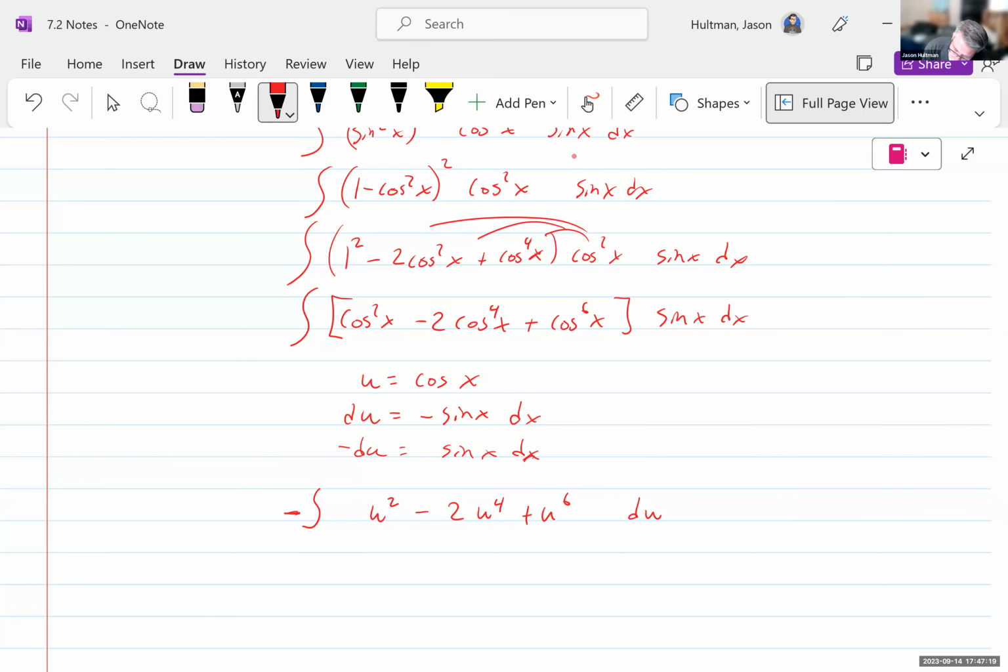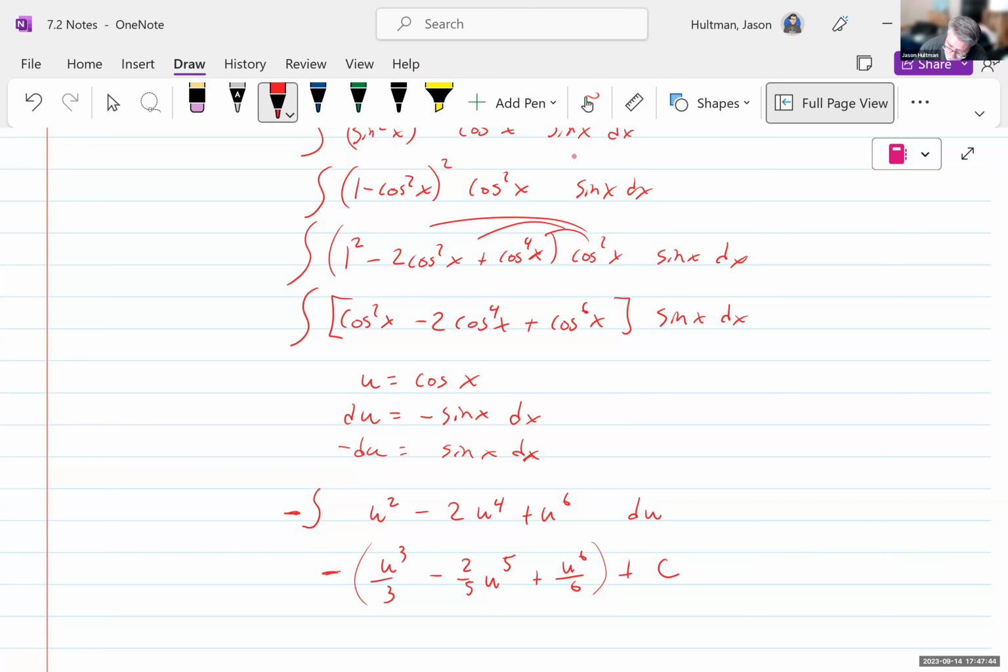And then I'm just going to integrate term by term. This is going to be u cubed over 3 minus 2/5 u to the 5th plus u to the 6th over 6. Okay, plus c. And there's a negative out there. And then I just plug in what u was.